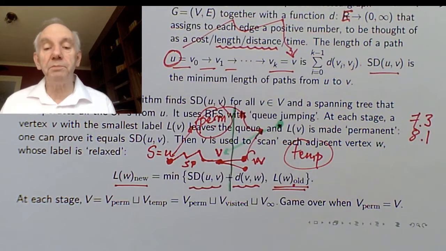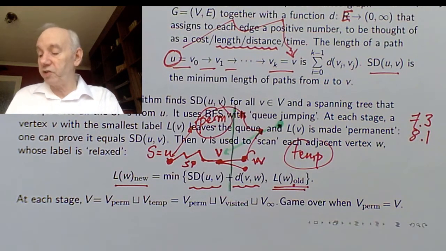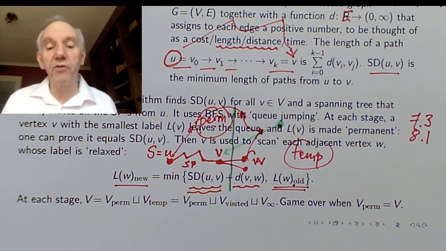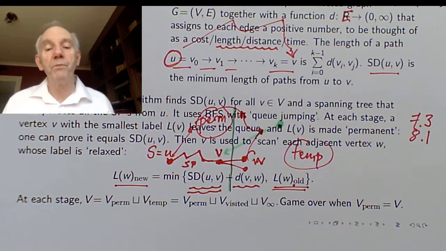If a vertex is permanent, it means it has come out of the queue with the latest label it was assigned, and that label is the correct shortest distance. That's what it means to be permanent. It's really the label that's permanent. We've correctly found its shortest distance, if you believe the algorithm works. So those are the permanent vertices.